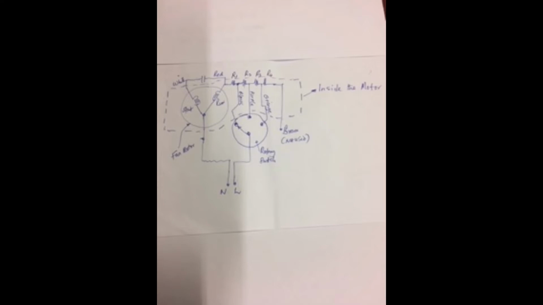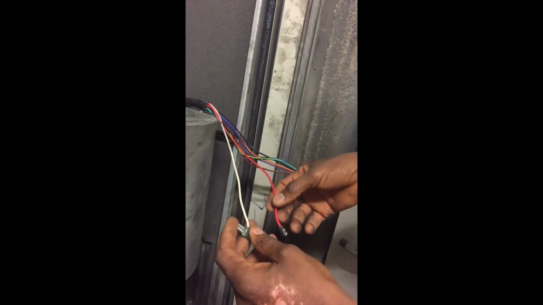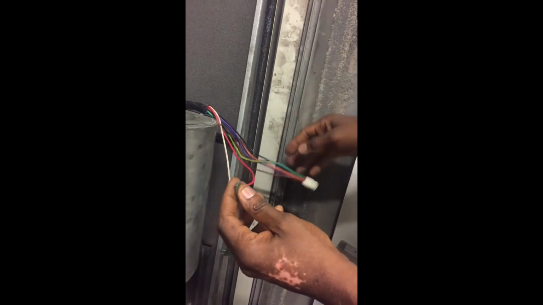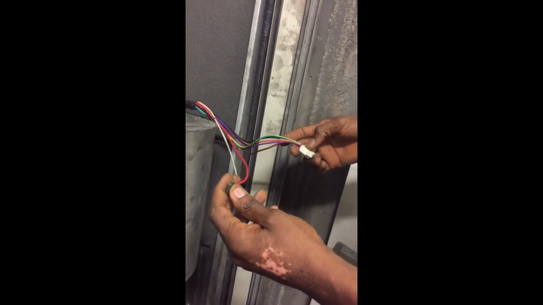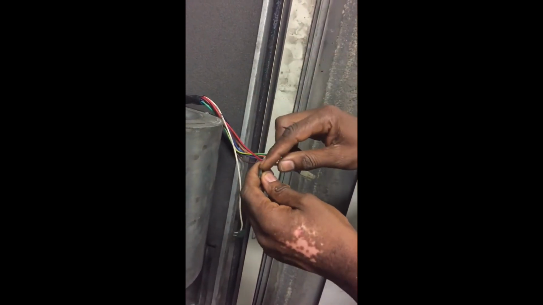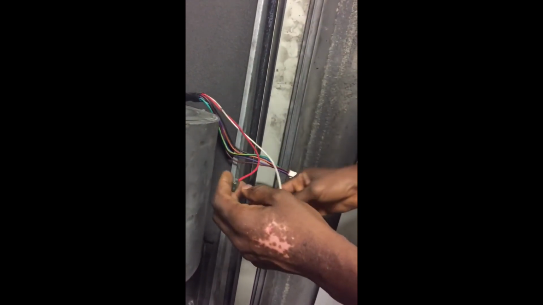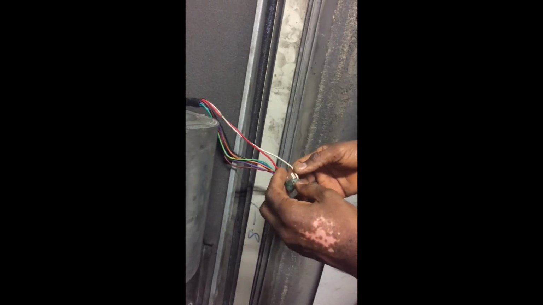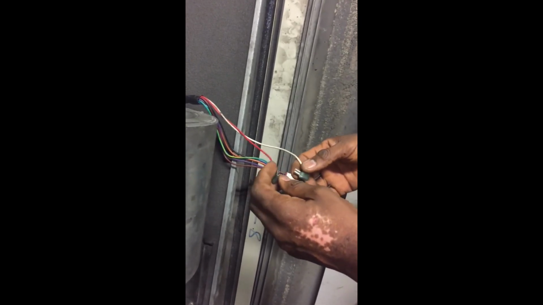Internally, all this wiring has been done, but we need to confirm it by finding out whether there is continuity between the run terminal and the supply cable, which tells us that our supply will be available at the run terminal, and also at the other terminal of the capacitor.